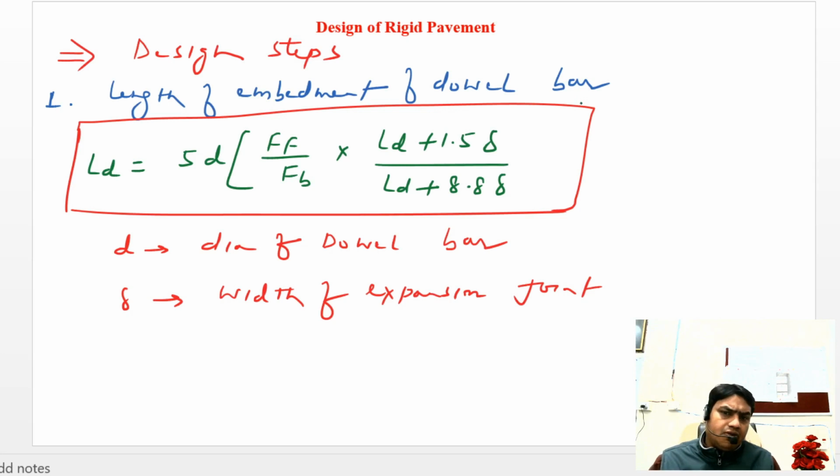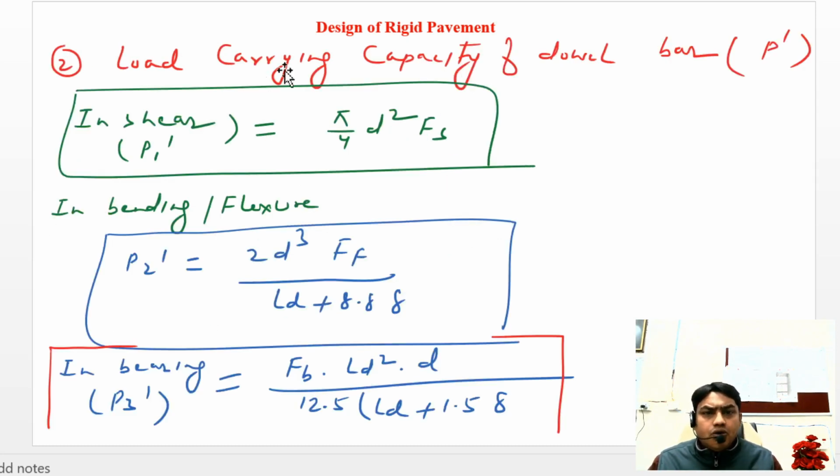Firstly we have to find the length of embedment of dowel bars, and the length of embedment can be computed by this expression: 5 into D into Ff by Fb into LD plus 1.5 delta divided by LD plus 8.8 delta, where D is the diameter of dowel bars, delta is the width of expansion joints. Load carrying capacity of dowel bar can be computed as P dash.